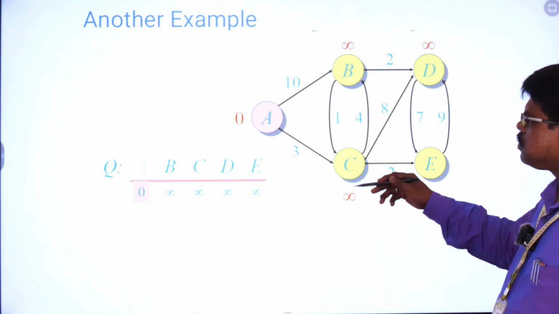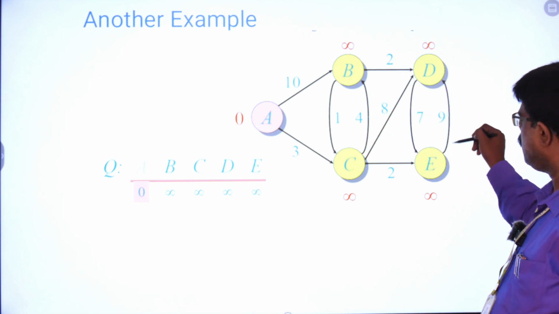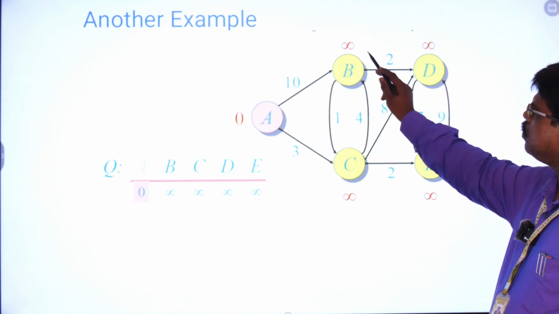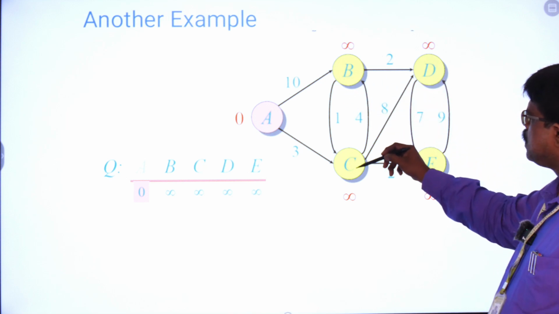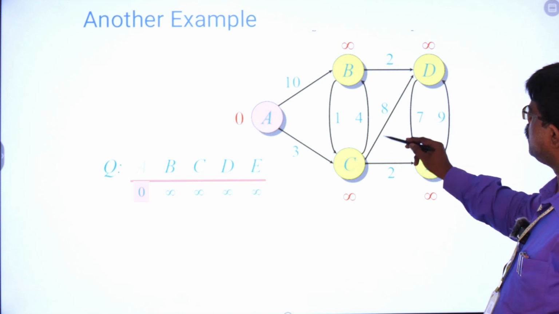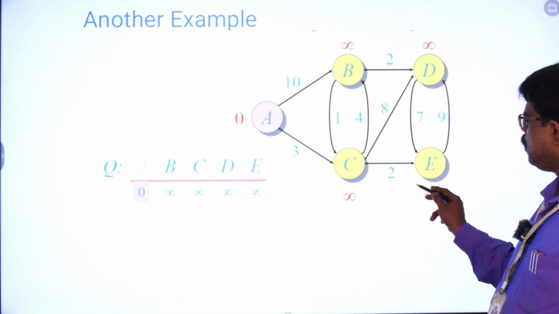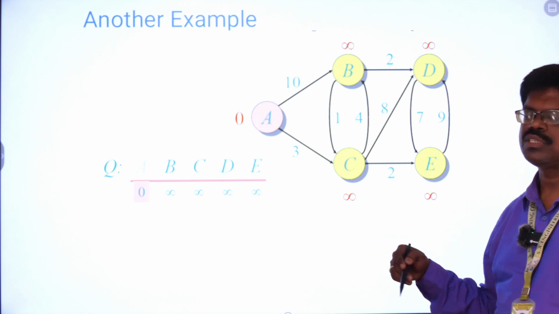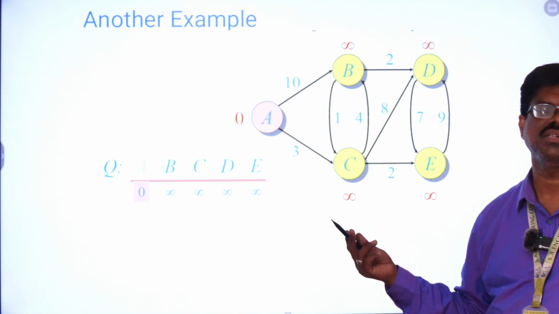And another example is also given, where you have 5 nodes A, B, C, D and E. A to B is 10, B to D is 2, B to C and C to B are 1 and 4, C to D is 8, E to D is 7 and 9, and C to E is 2, where you can start with updating the neighboring nodes as usual, as you saw in the previous example.